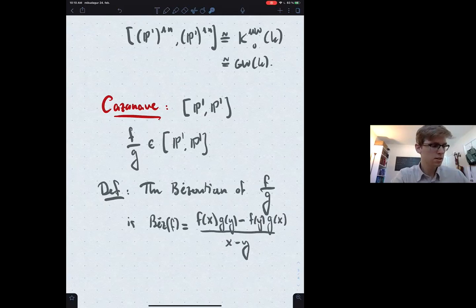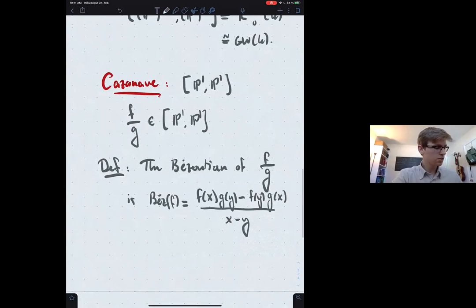So in this situation, we're presenting f and g as univariate polynomials. That's how we're writing down this rational map. So this makes sense. This is really just a univariate polynomial, and I'm just swapping out the variables as x's or y's. Okay.